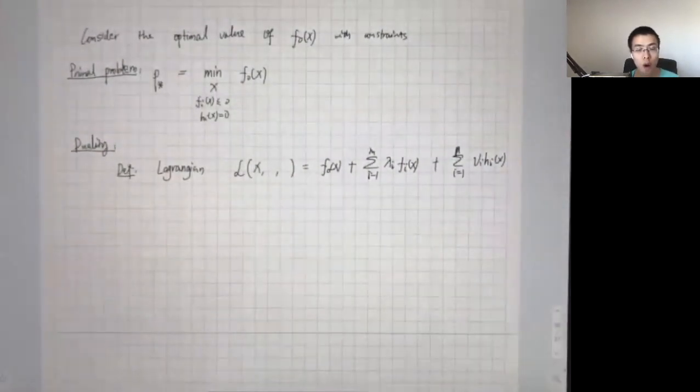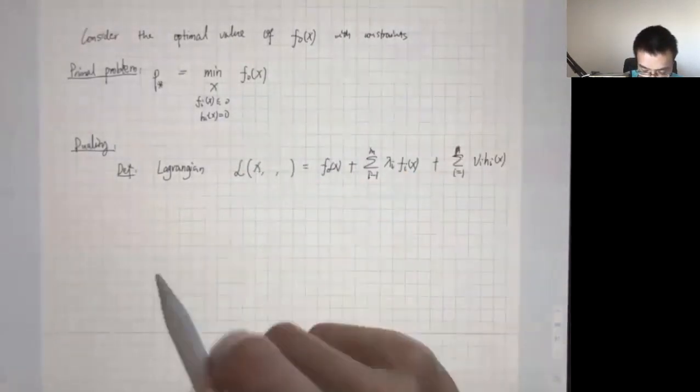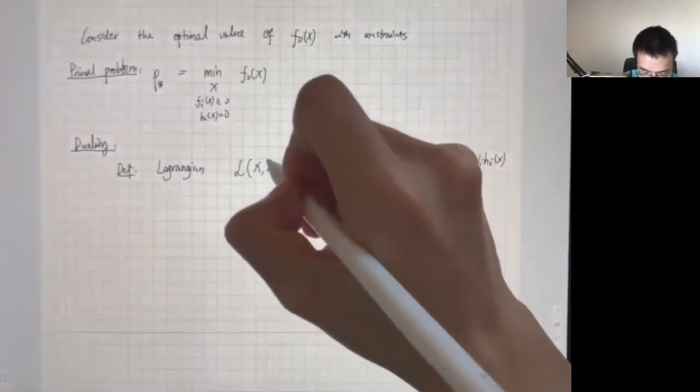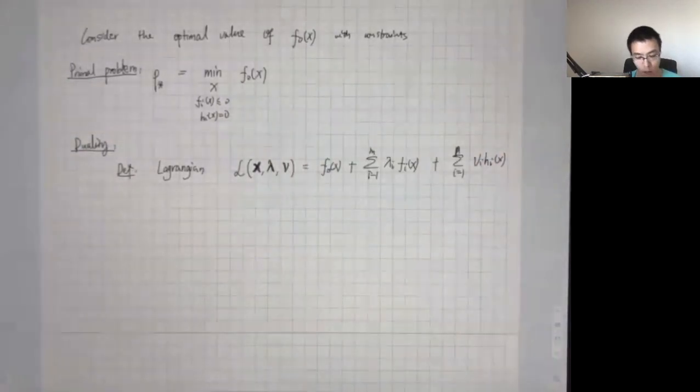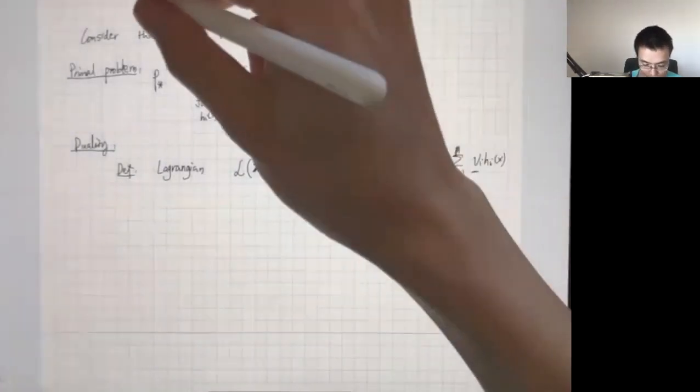So for each equality or inequality constraint, I have a penalty, and for each penalty, it's given by a coefficient, like how severe it is if you violate this constraint, okay? So now the Lagrangian is not only a function of x, but also a function of lambda and nu. They are both vectors, and of course, x is also a vector, okay? Because you have many lambdas and many nus.